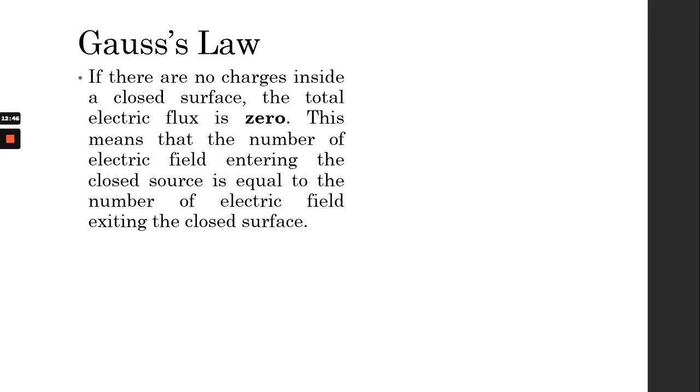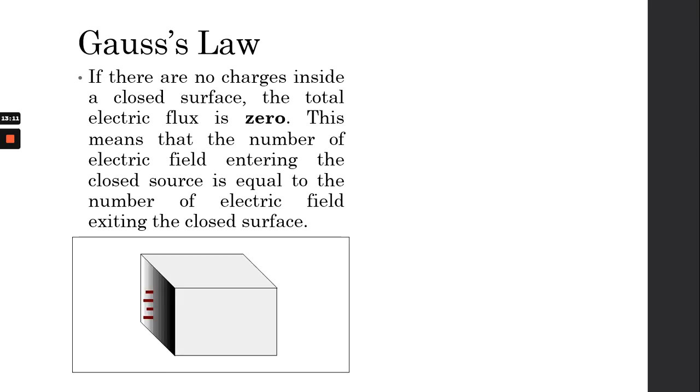What is Gauss's law? Well, what is interesting is if you have a 3D surface or an enclosed surface, if you actually measure the total electric flux that is passing onto that enclosed 3D surface or onto that enclosed area, what happens is you would actually have a total electric flux of 0.